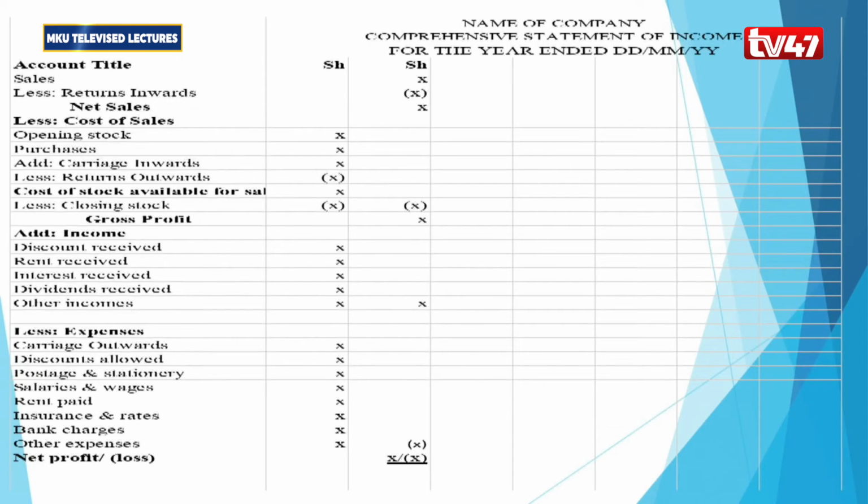Of course, now it will all be dependent on whether you are an ordinary shareholder, or what we refer to as a common shareholder, or a preferential or preference shareholder. And then, of course, any other source of income that the business or the company may be having.